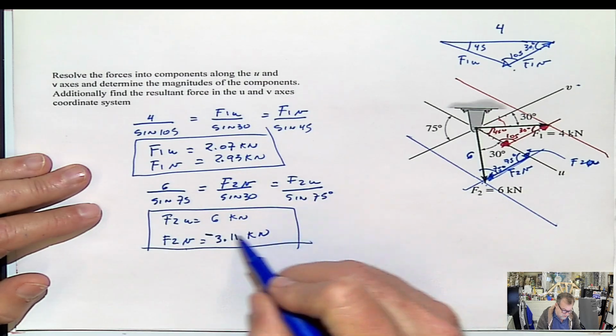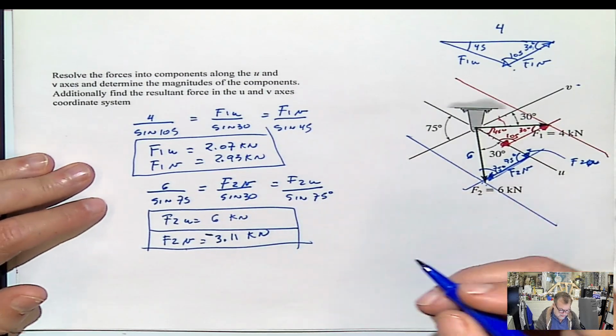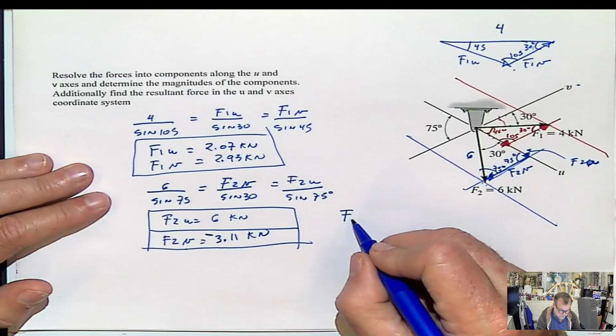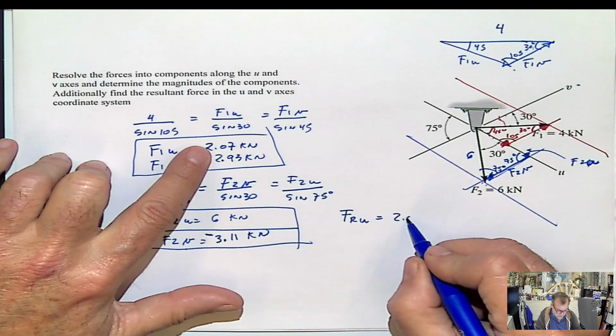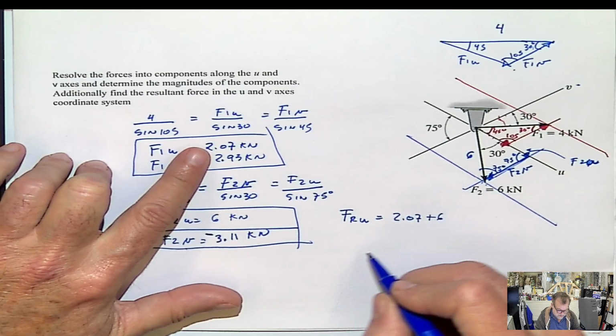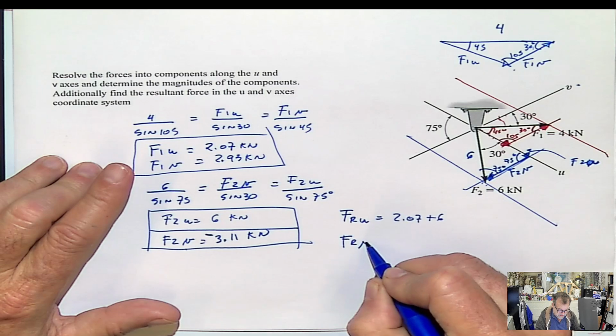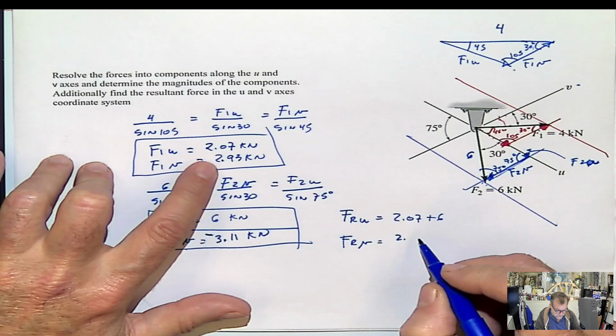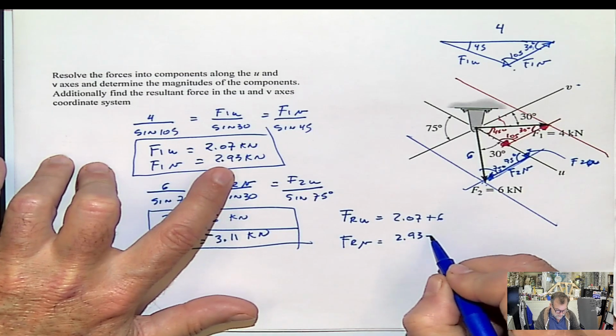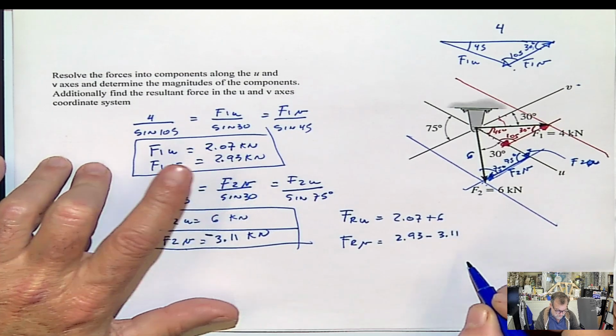Now these are the components of the forces. I have to find the resultant force. In the U-axis it will be 2.07 plus 6, and the resultant force in the V-axis will be 2.93 minus 3.11.